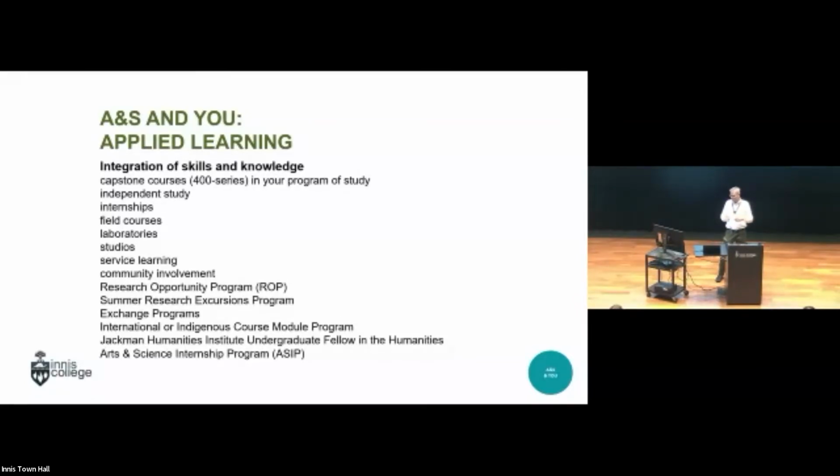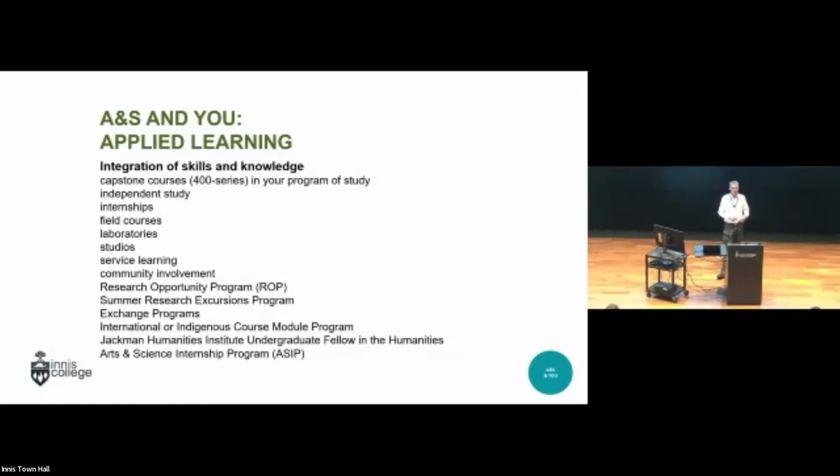Studios, not just in fine art, service learning in a number of courses, taking you out into the community. So community involvement, we have a formalized research opportunity program in second year where students get to work with a prof, sometimes a small number of students work with a prof on their project, which is a nice way of preparing students for third year and fourth year focused opportunities.